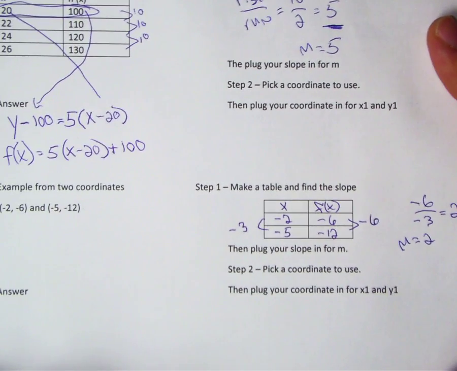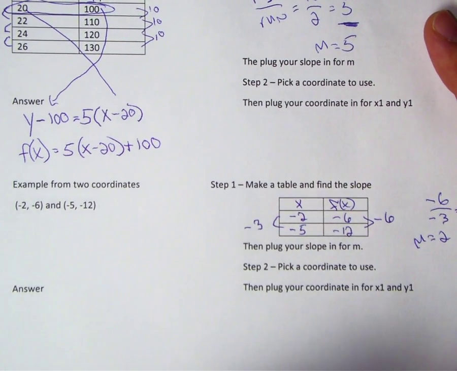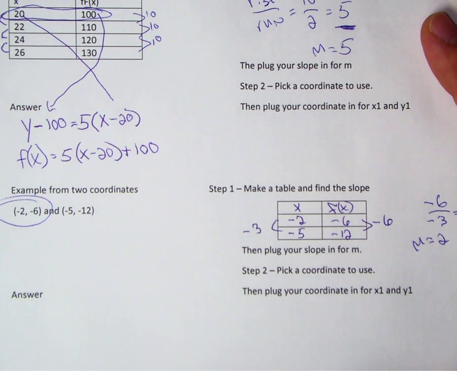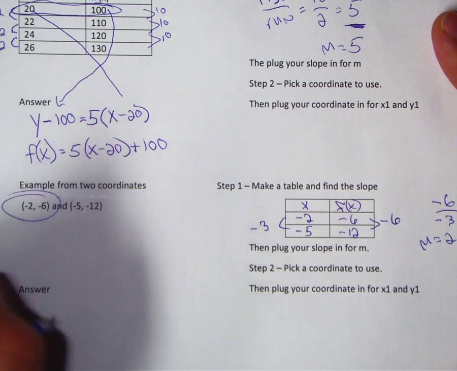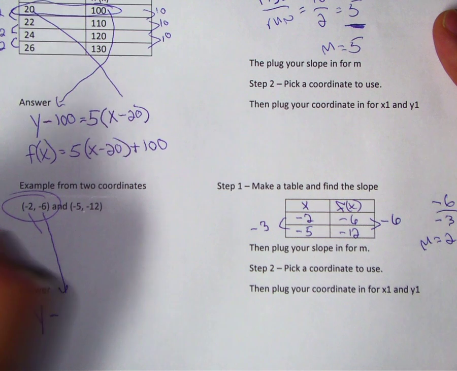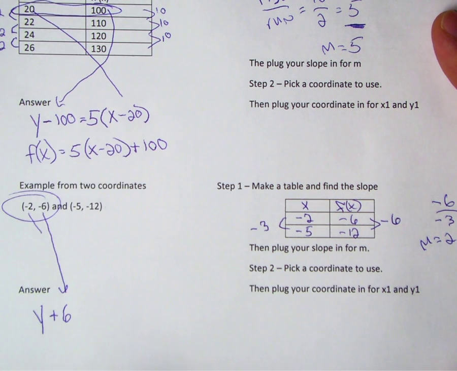And now all we have to do is take a coordinate and plug it into our function. So we can take either one. I'm going to take the negative 2, negative 6. So I'm going to write this out as y minus, so I'm going to bring down the y value of negative 6. So I'm going to change that to not minus, but plus 6.